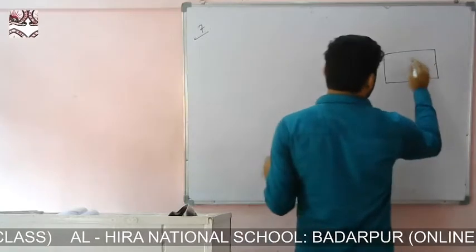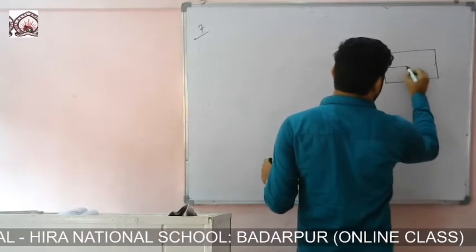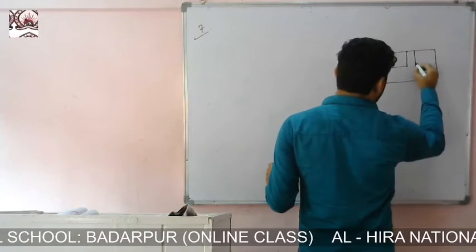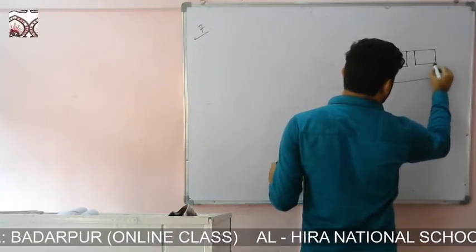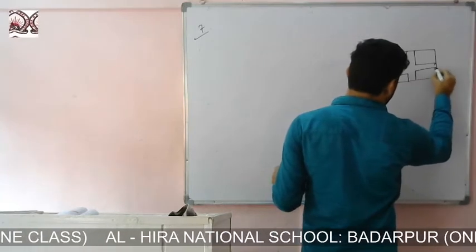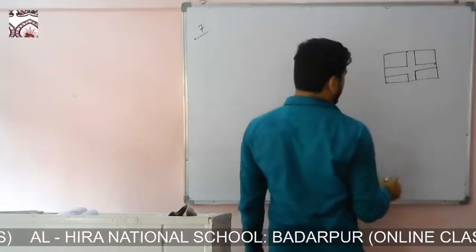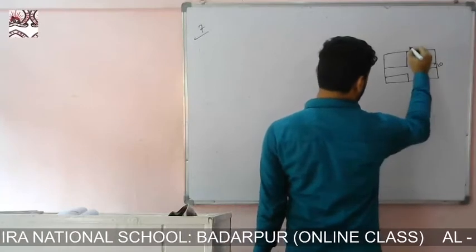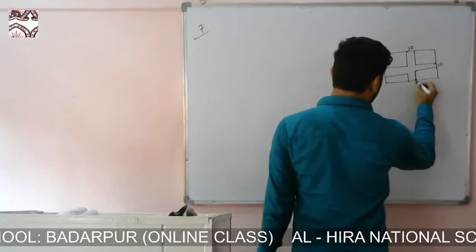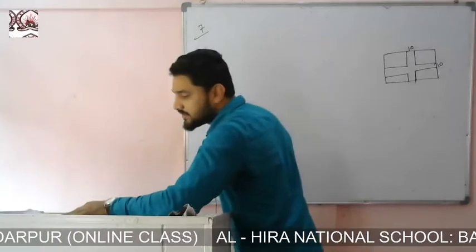That means two roads are there. And this has 10 meter width. That means this one will be 10, this one will be 10.